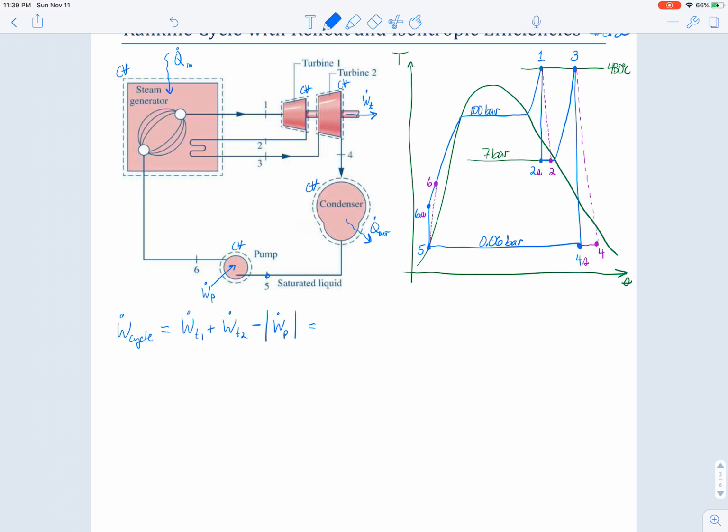Okay, I can replace those with the first law of thermodynamics for each of those systems using the appropriate assumptions. And note, I'm just writing m dot because the same mass flow rate is flowing through each leg in the system. So here's the power output of turbine 1. Here is the power output of turbine 2.